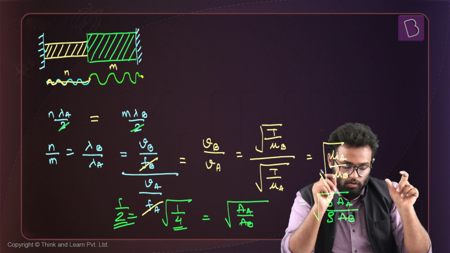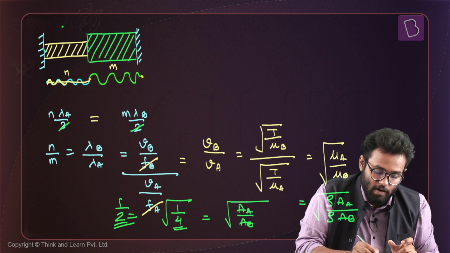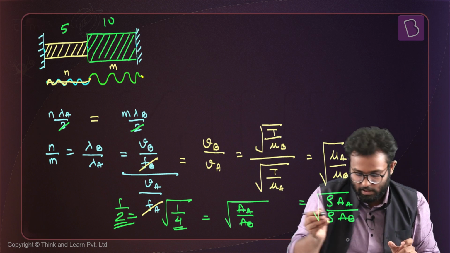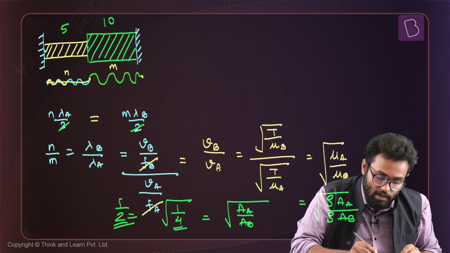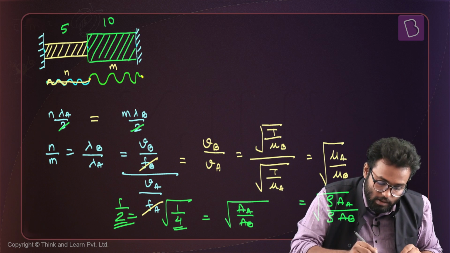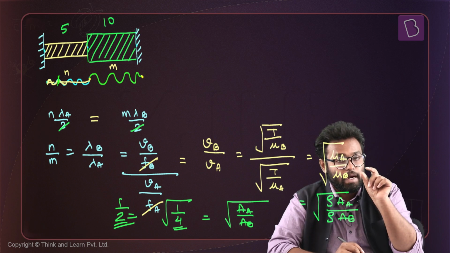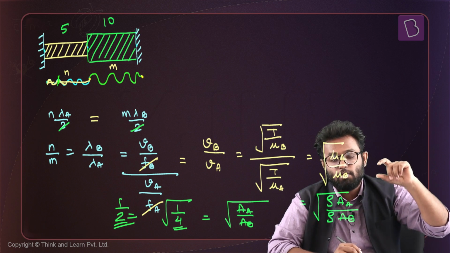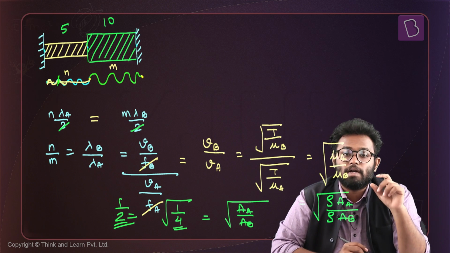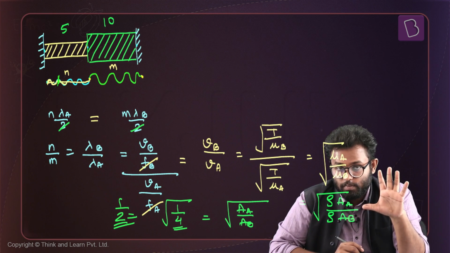So if A has like some 5 half cycles, then B has like some 10 half cycles, right? That's what it means. But in each half cycle, you see there's one antinode, this peak over here, right? In each half cycle, there's one antinode. It means that the ratio of the number of half cycles would be equal to the ratio of their antinodes. Right? So the answer is 2.